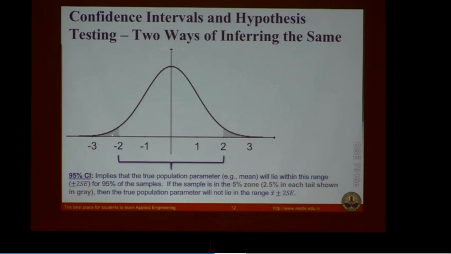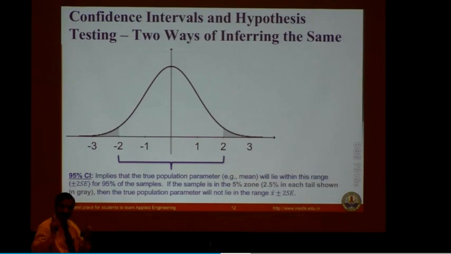If the sample is in this region, we have seen that if a sample is in this gray zone or in this gray zone, that sample mean plus minus 2 standard errors will not contain the true population value in that range. So for these samples, the 5% samples, 2.5% here and 2.5% here, the true population mean will not be in the range that they will tell me.